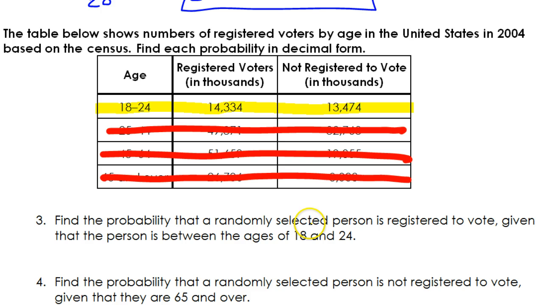Okay, so what's the probability that the person is registered to vote? So again, target over total is how we do probability.